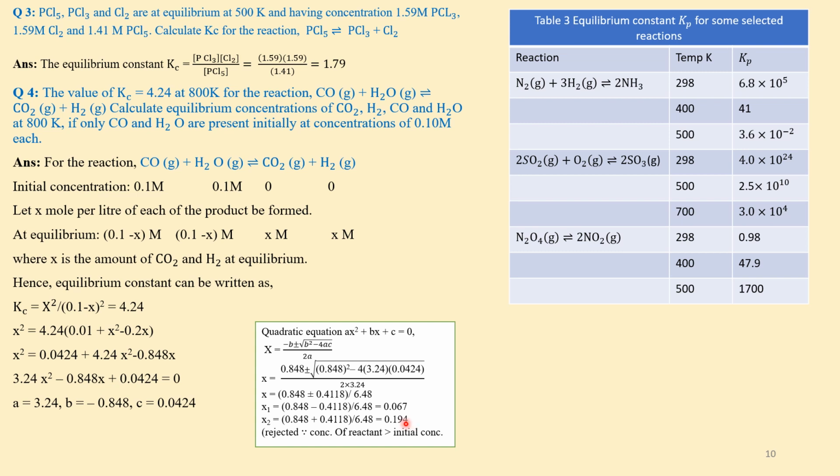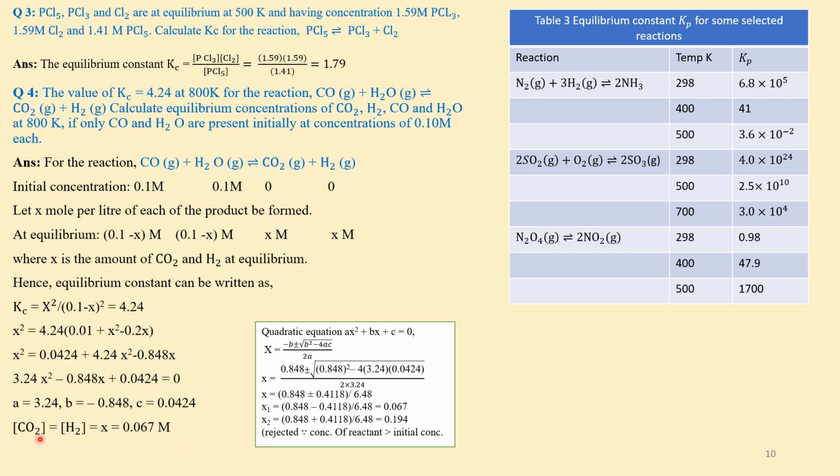We can reject the value of 0.194 as the concentration of reactant is more than the initial concentration. Hence, we take the value of x as 0.067.